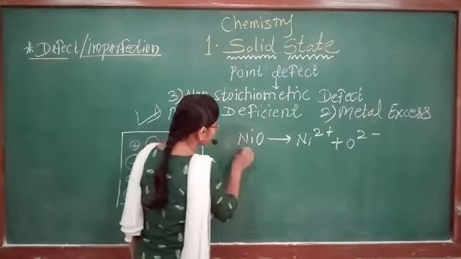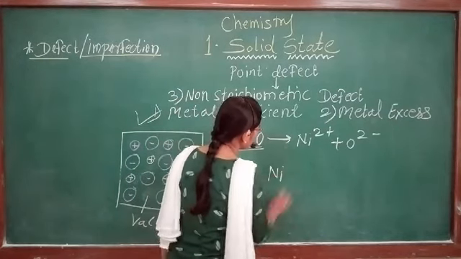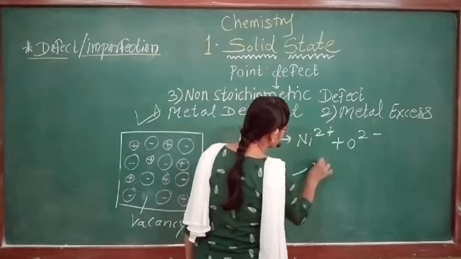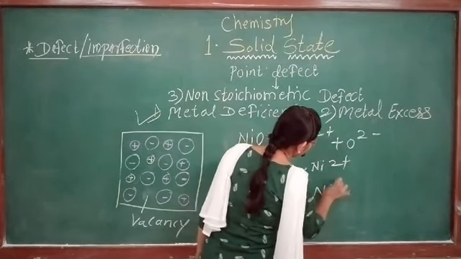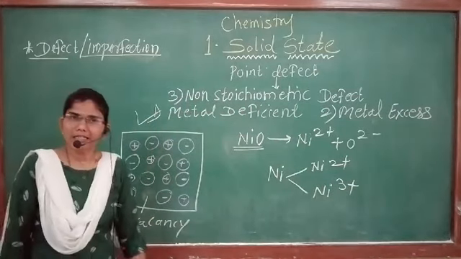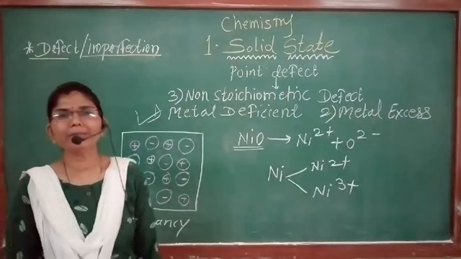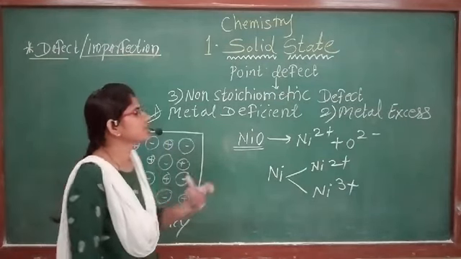Here in this compound, Ni shows two variable oxidation states, Ni2+ and Ni3+. And this metal deficient defect is shown only by those metal compounds which show variable oxidation states.